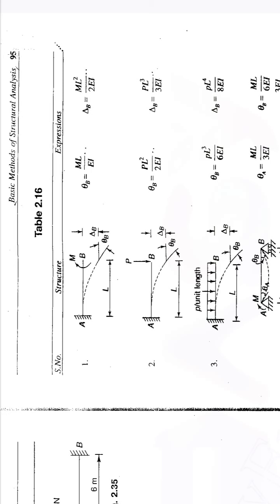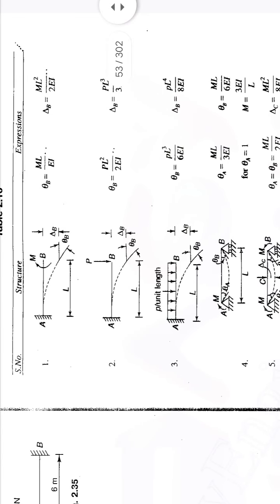If we have a moment M at the free end, then the slope theta b is ML by EI, whereas delta, the displacement of the member at point b, is delta b equals ML square by 2EI.